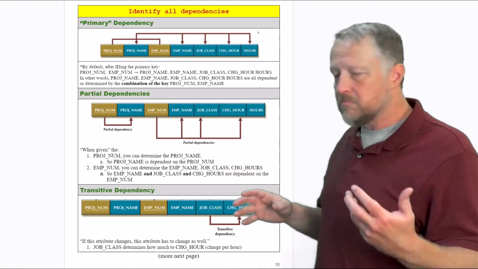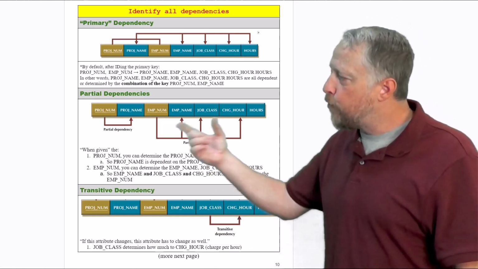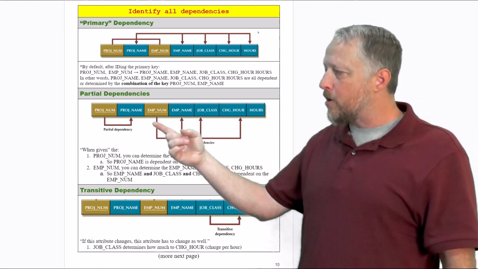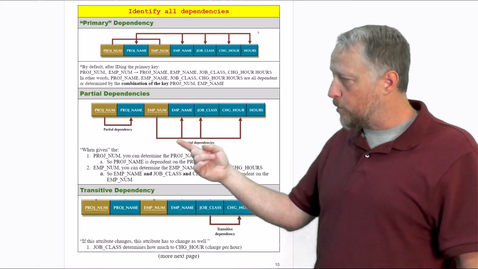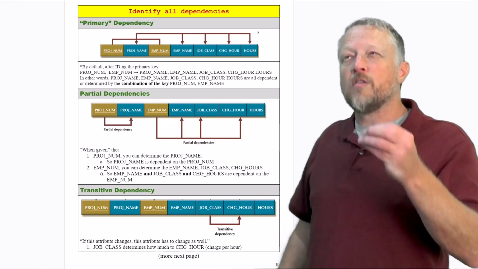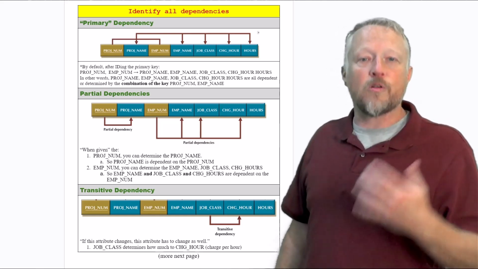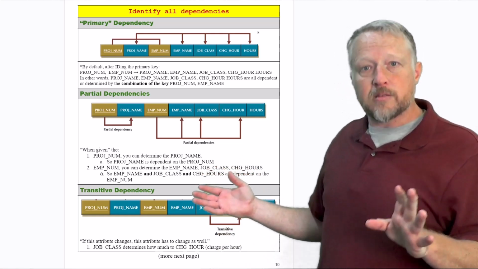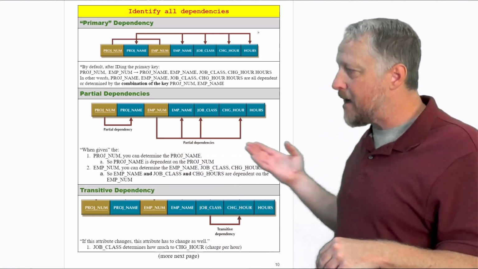For the employee number, it should be able to identify the employee name, job class, and how much they're charging per hour for that particular job. Okay? So that makes sense, right? I should be able to identify that part of this.